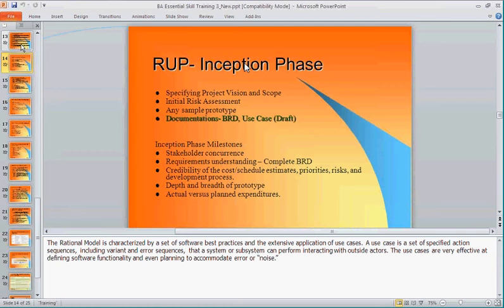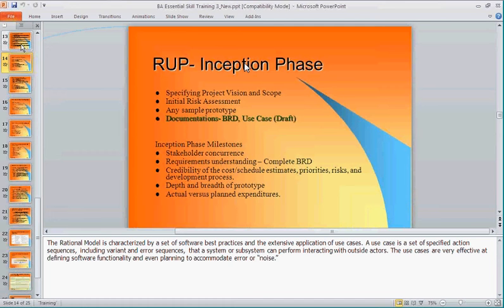Once you have done this, you have to hold a meeting. It is called your inception phase milestone, where everyone must agree that yes, this is the vision, this vision is correct, these are the objectives that we are trying to meet, yes, these are the requirements that will meet the objectives, these are the functional requirements, as when we analyzed our business requirements, and so on and so forth.